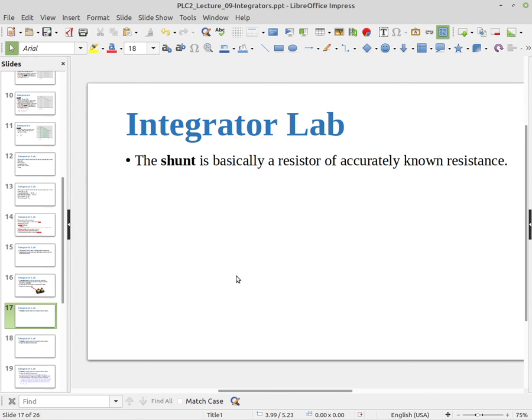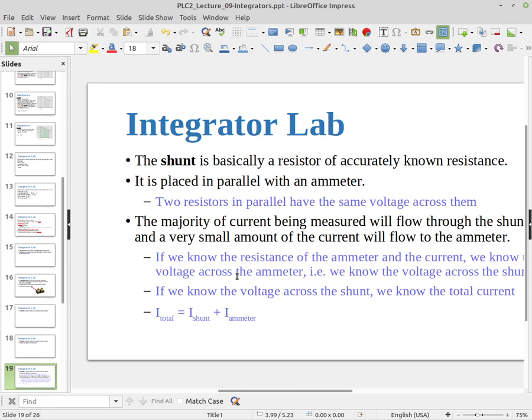So we have to know very accurately what the resistance is in the shunt. We're going to place that in parallel with our ammeter, and if it's in parallel, we know that it's going to have the same voltage across it as the voltage across our ammeter. And so using Ohm's law, we can calculate the total current.